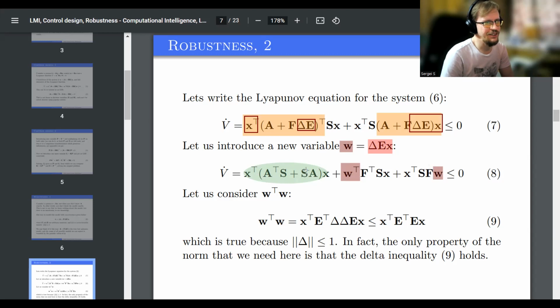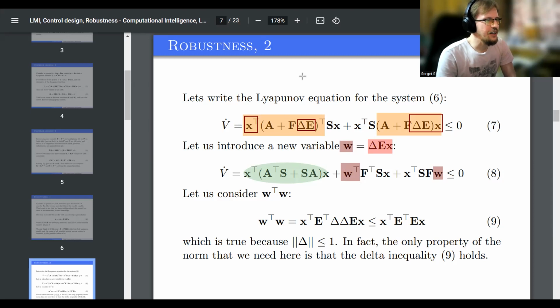It will actually be linear with respect to the decision variables. The only problem is that we don't know what omega is. Omega is not an independent variable. It depends on x, so it's a little bit tough.